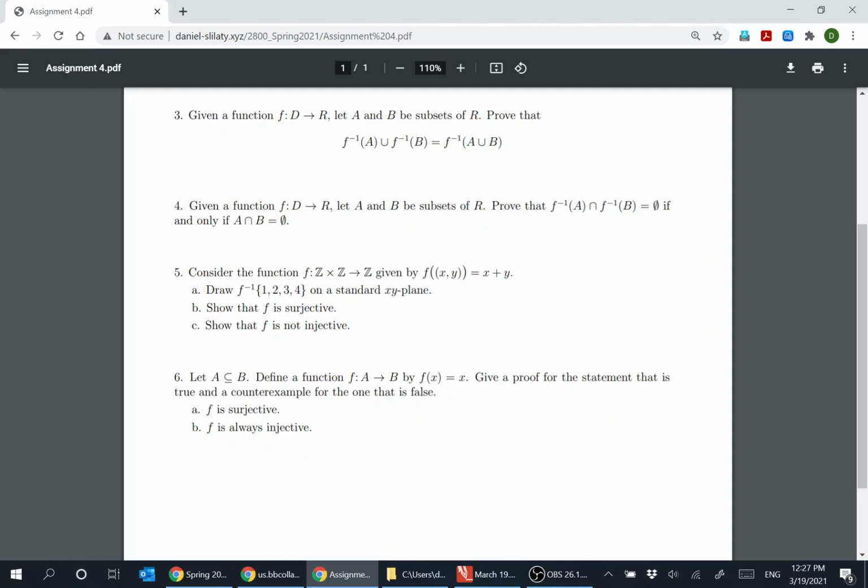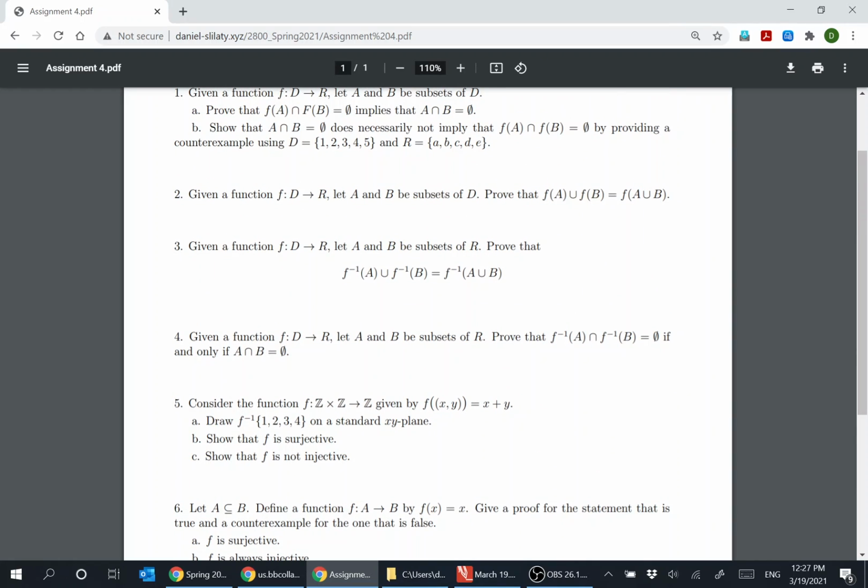If it's true, prove it. If it's not, give a counterexample. Okay? You'll have to decide on that one. But all the other ones, no counterexamples in 5, because I'm only telling you what is the case.